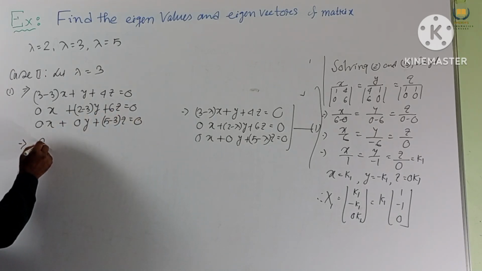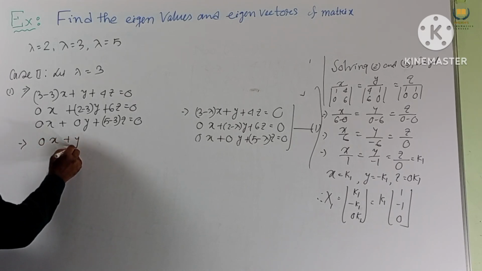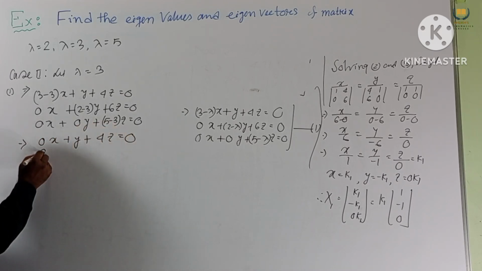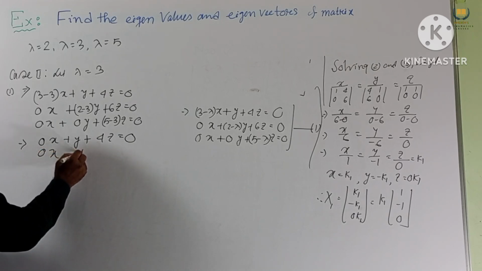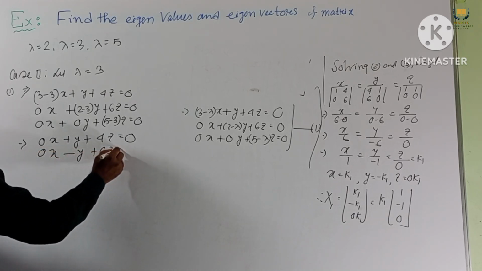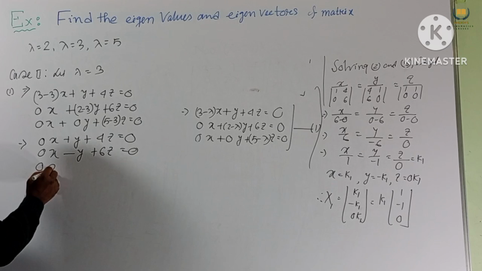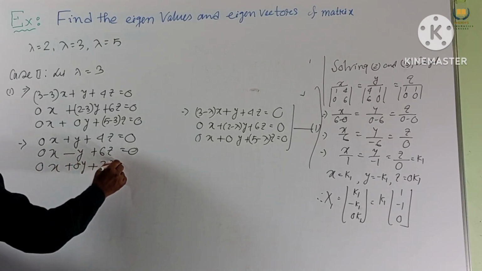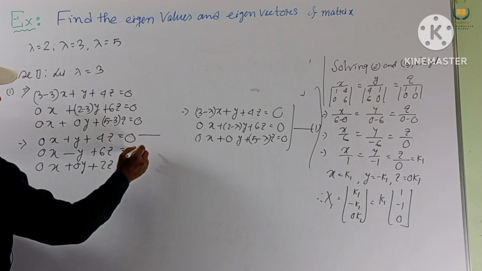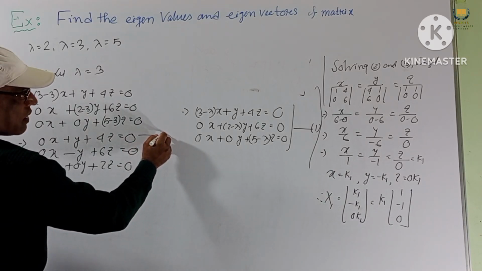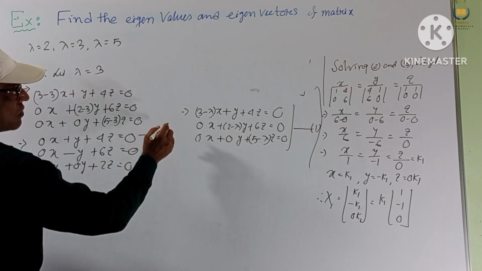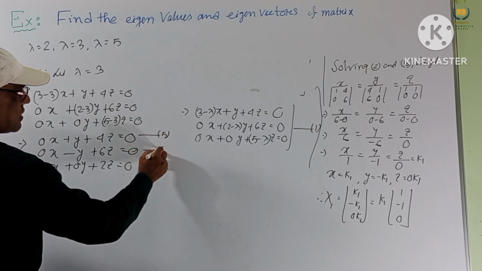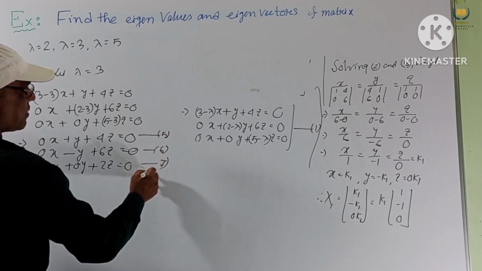This implies 0x plus y plus 4z equal to 0, 0x minus y plus 6z equal to 0, 0x, 0y plus 2z equal to 0. These are numbers 5, 6, 7.